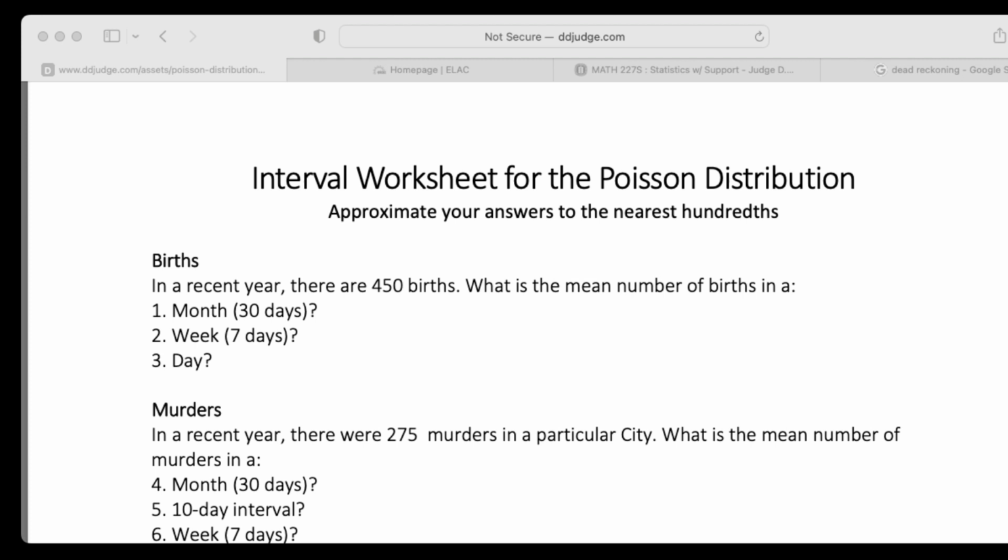Now, that's a tricky kind of thing to say, because in a month, ladies and gentlemen, they had to define it for you. I know in a month, you might have 30 days, you might have 31 days. You might have 29 days. You might have 28 days. So, the real question is going to be the following.